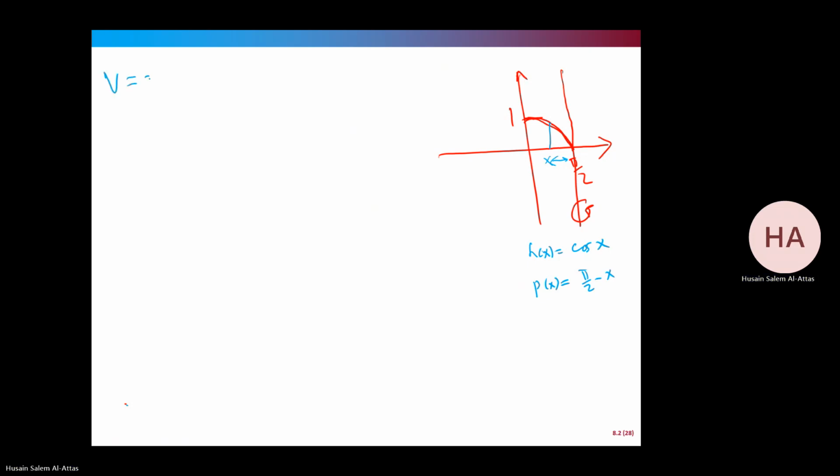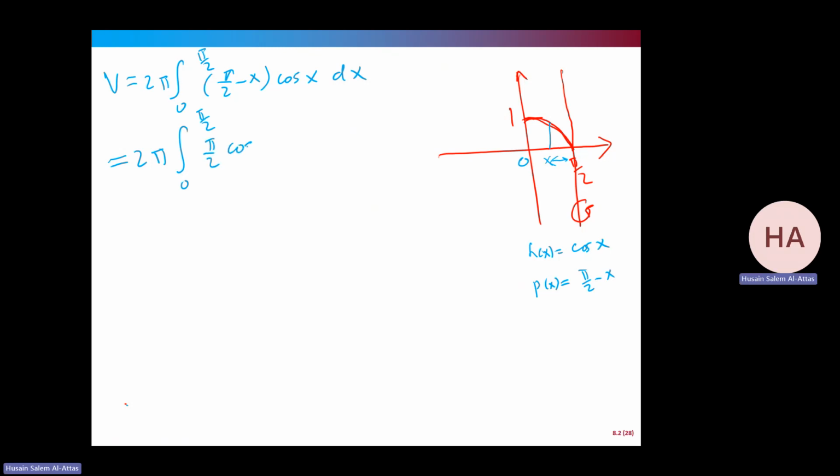So the volume will be 2 pi from 0 to pi over 2 of pi over 2 minus x times cosine x dx. By the way, no need to waste time. This is the integral from 0 to pi over 2 of pi over 2 cosine x dx, minus 2 pi integral 0 to pi over 2 of x cosine x dx, which we did before.